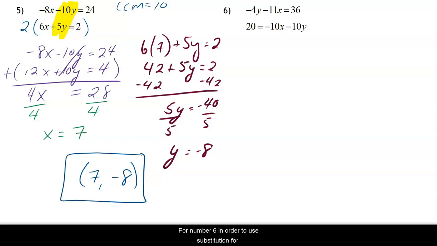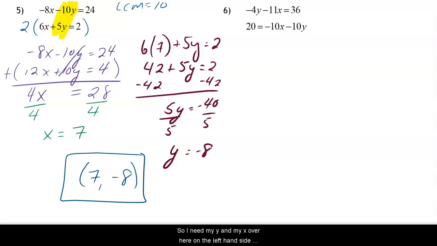For number 6, in order to use elimination, we need to first put our equations both in the same order. So if we look, we have negative 4y minus 11x equals 36, and then 20 equals negative 10x minus 10y. Well, in order to use elimination, things have to line up.